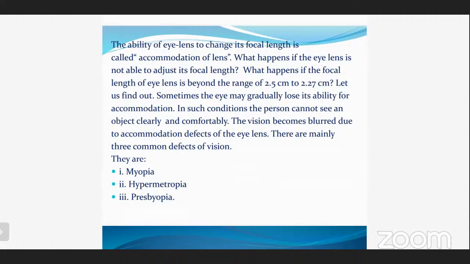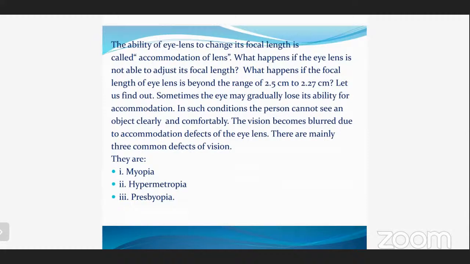What happens if the focal length of the eye lens is beyond the range of 2.5 centimeter to 2.27 centimeter? Some people have some problems. The minimum focal length for a human being is 2.27 centimeter. For some people, it will be changed. Then what is the problem? We have to find out.